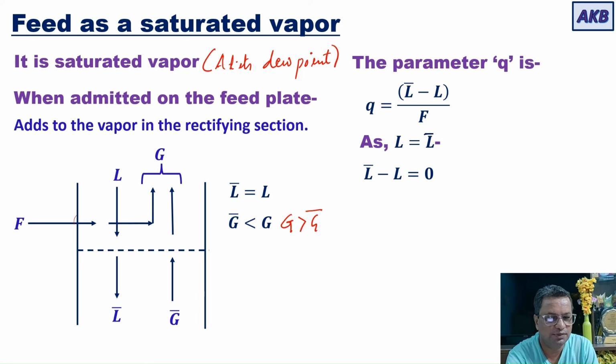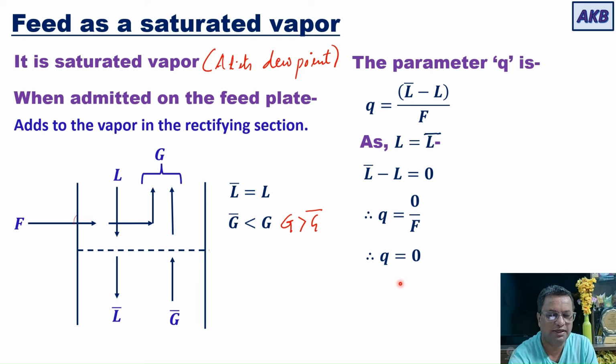In this equation, the numerator is 0. So you have Q is equal to 0 upon F, and 0 upon anything is 0.